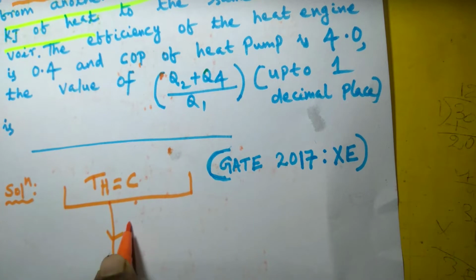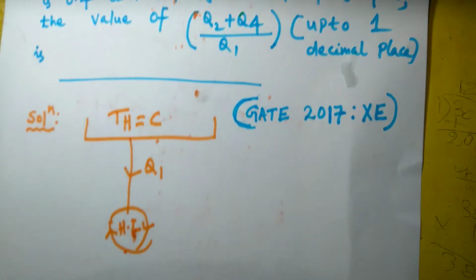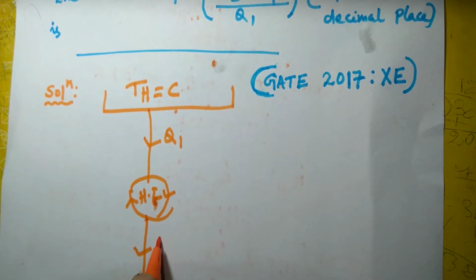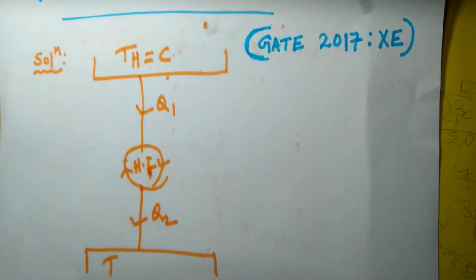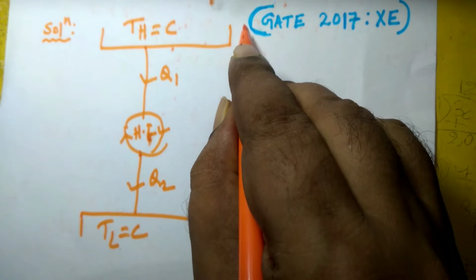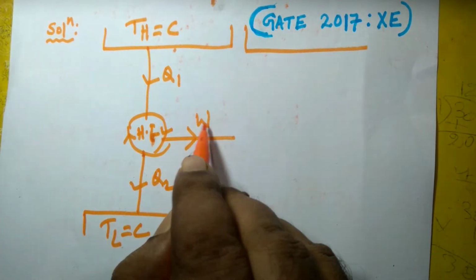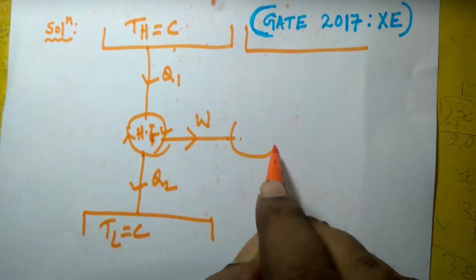Here Q1 heat is absorbed by the heat engine, and Q2 heat is rejected to the low temperature reservoir. This is the low temperature reservoir, and whatever work is produced, suppose W, goes on to drive the heat pump.